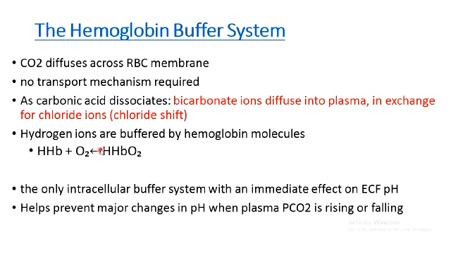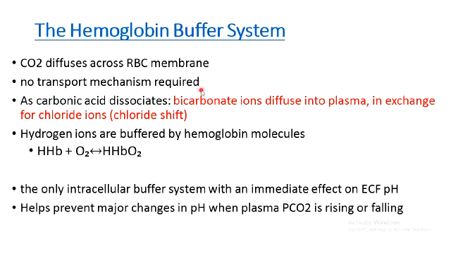Hydrogen hemoglobin plus oxygen changes to hydrogen hemoglobin oxide, and the hemoglobin buffer system is the only intracellular buffer system which has an immediate effect on extracellular fluid pH. Any other intracellular buffer system like the phosphate buffer system does not have an immediate effect on extracellular fluid.